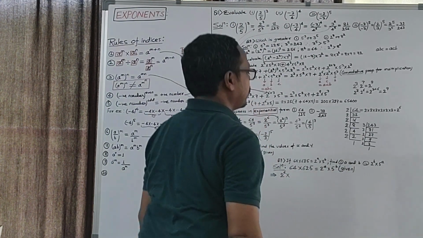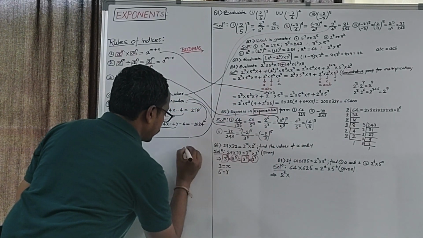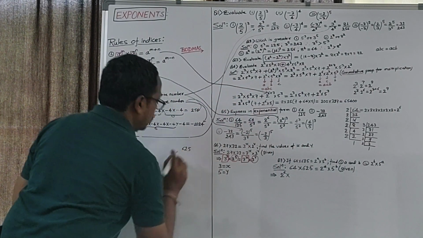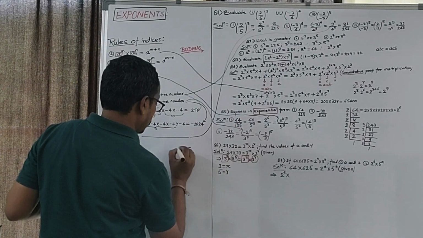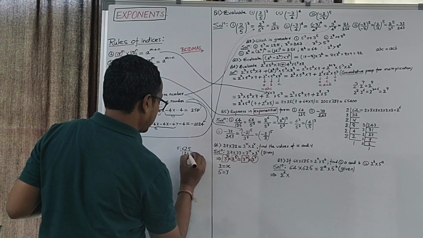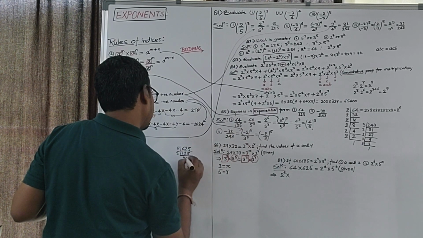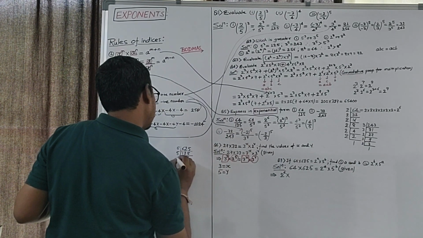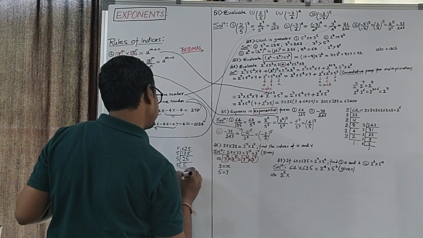And how about 625? Let's prime factorize it. 2 you cannot divide, 3 you cannot divide, 5 you can divide, right? If you divide it by 5, you will get 125. Again you are getting 25, and again you are getting 5.